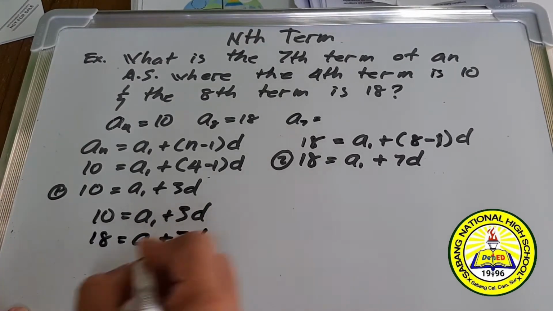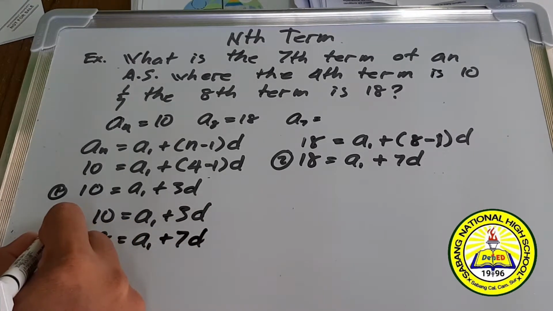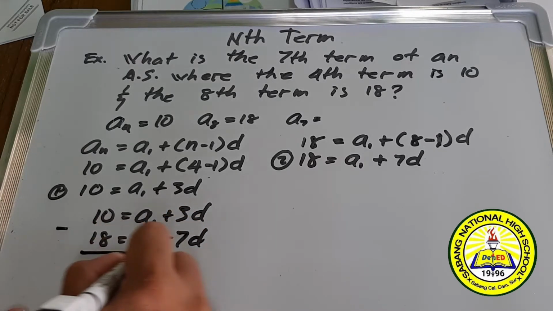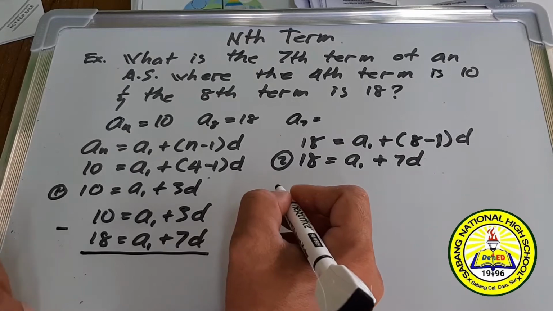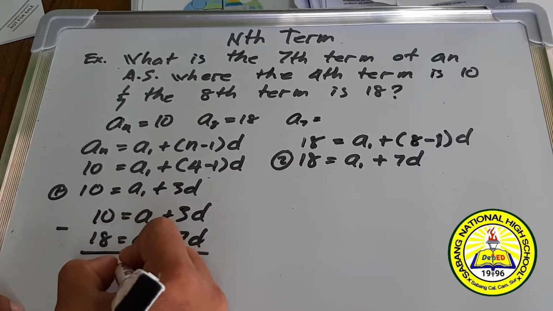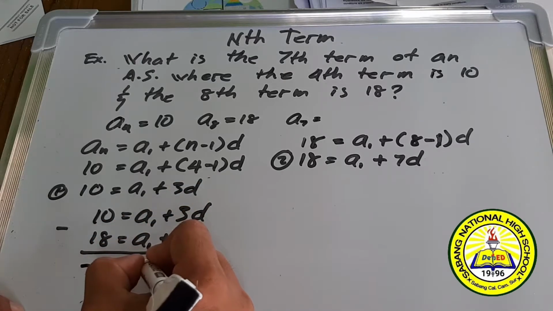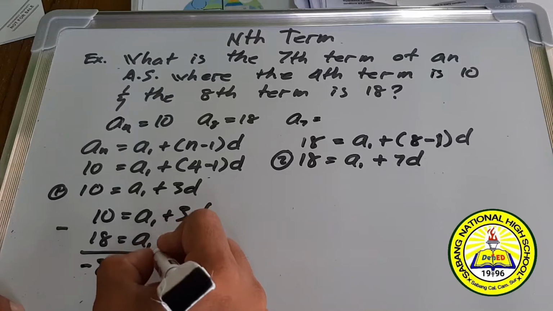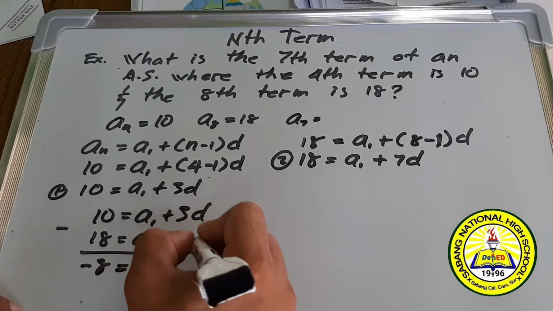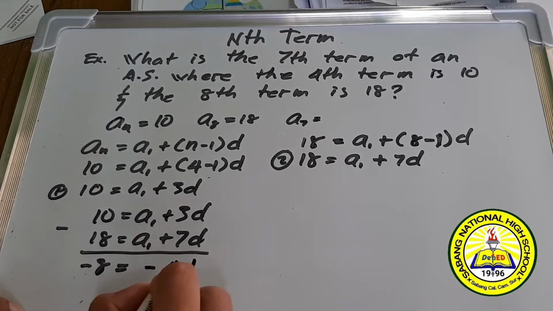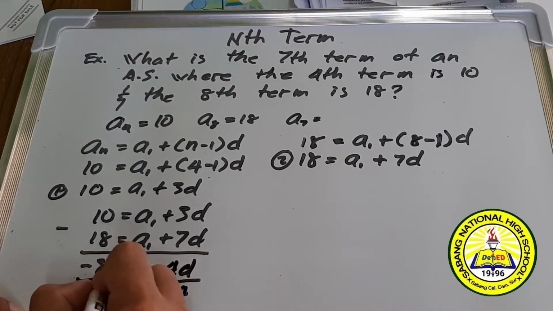To find d, simply we are going to subtract. If we subtract a sub 1 with a sub 1, subtracting by itself will become 0. So we have 10 minus 18 is negative 8. A sub 1 minus a sub 1 is equal to 0, or simply we can just eliminate that. 3d minus 7d is negative 4d. So to find d, just divide both sides by negative 4.